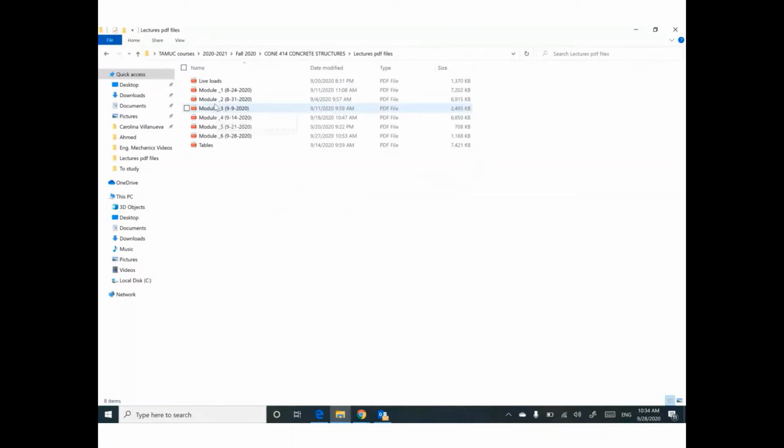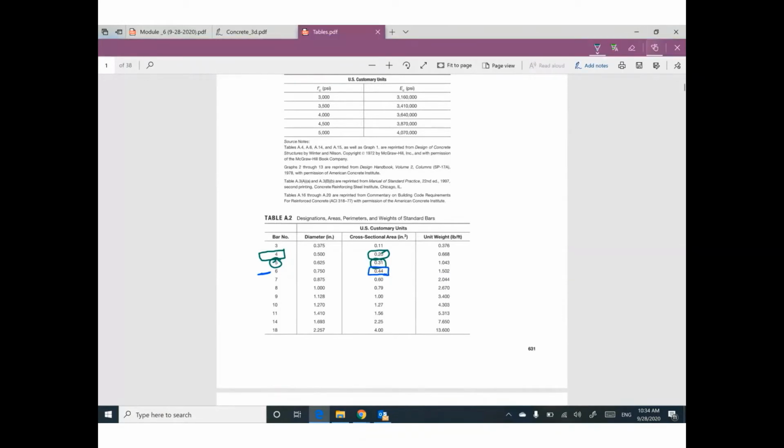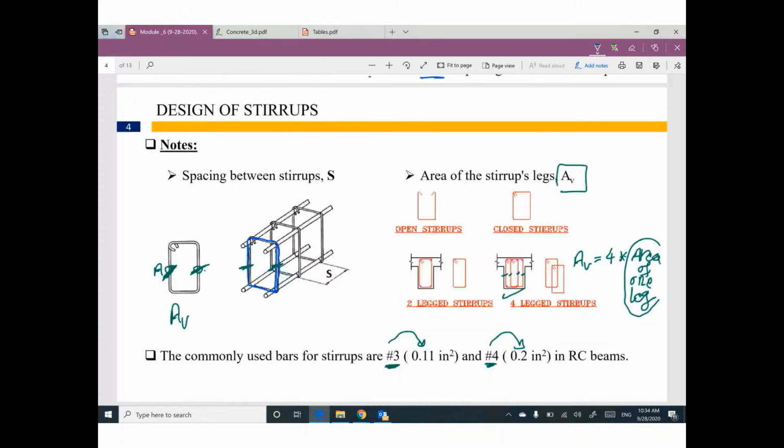Do you remember that table? For number 3, the area of the bar is 0.11. Number 4, area of the bar is 0.2. So most of the time, your stirrups are made from number 3 bars or number 4 bars.